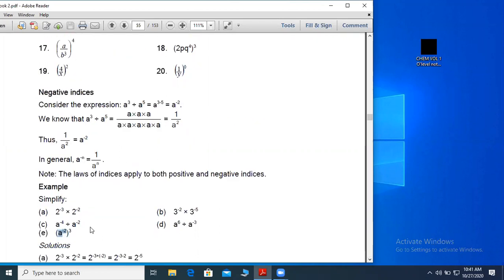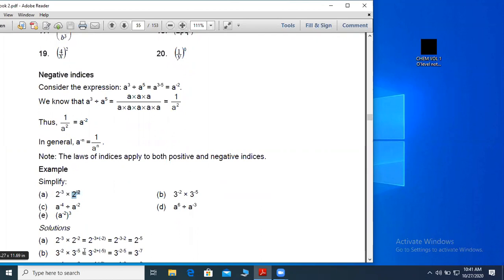The first one is 2 to power negative 3 times 2 to power negative 2. The base is the same here.